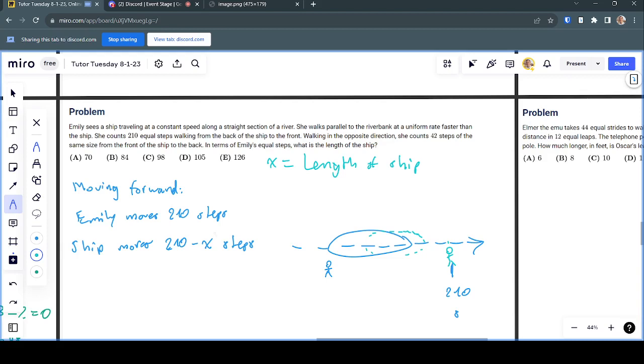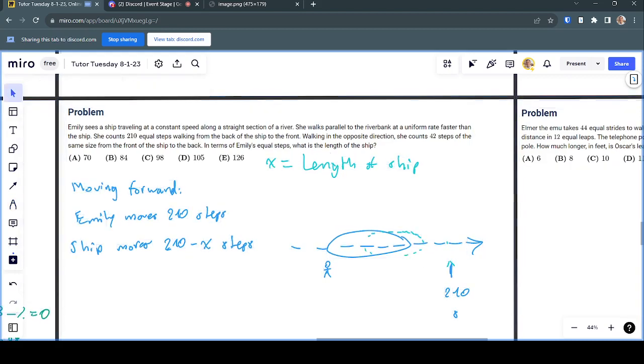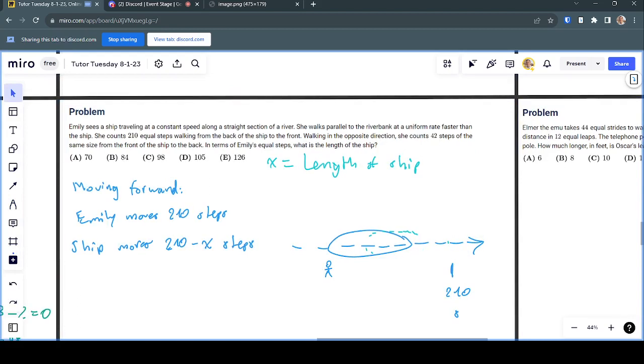Now, in the time that she's walking back to the ship, or sorry, let me draw this better. When she walks from the front of the ship to the back of the ship, they're both going to end up at the same position, right here. And then when she walks back, let me do that in green.